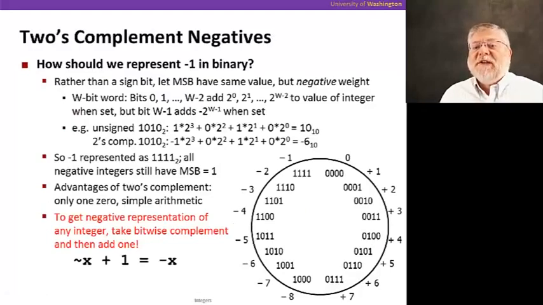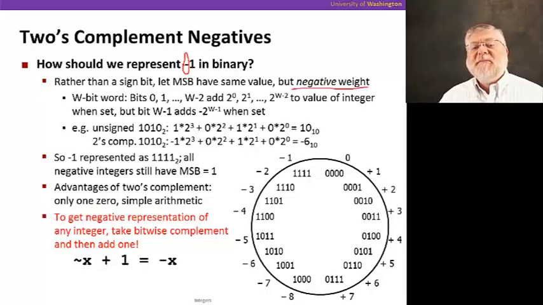So instead of using sign and magnitude numbers, computer systems today use what are called two's complement negatives. And let's go back to that representation of a -1. So instead of using the most significant bit to just represent the minus sign in front of the 1, what we're going to do is give that most significant bit a large negative weight.